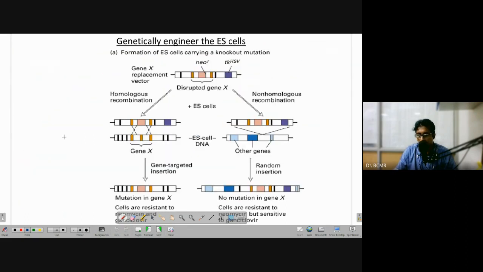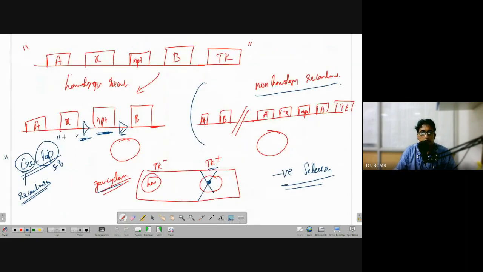Okay, I think we are now in a state where I hope you can understand why we have each of these things. If you understood that, then we are good. Why do we have A and B? Because we want the integration of X between A and B. So we are putting the homologous region so that homologous recombination would occur.